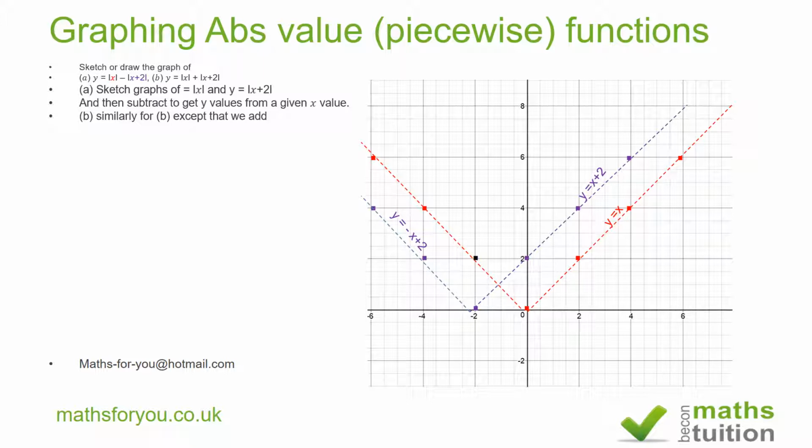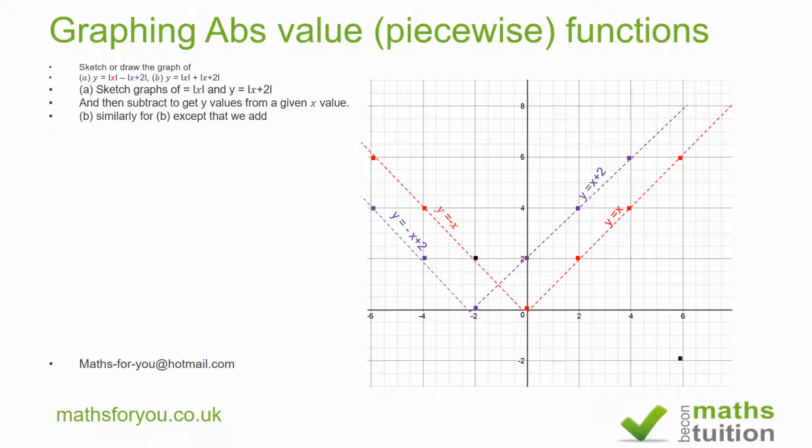Okay, now, when x is 6, the y value for the graph of y is equal to absolute value x is 6, and the y value for y is equal to absolute value x plus 2 will be 8, and 6 minus 8 should give me negative 2, and that's what I got there.